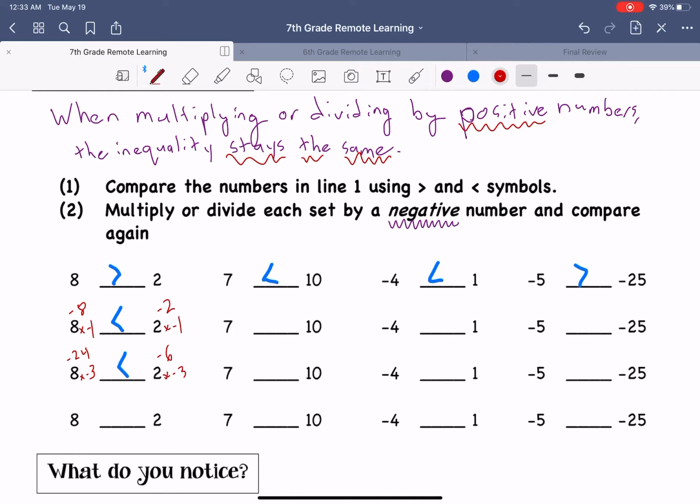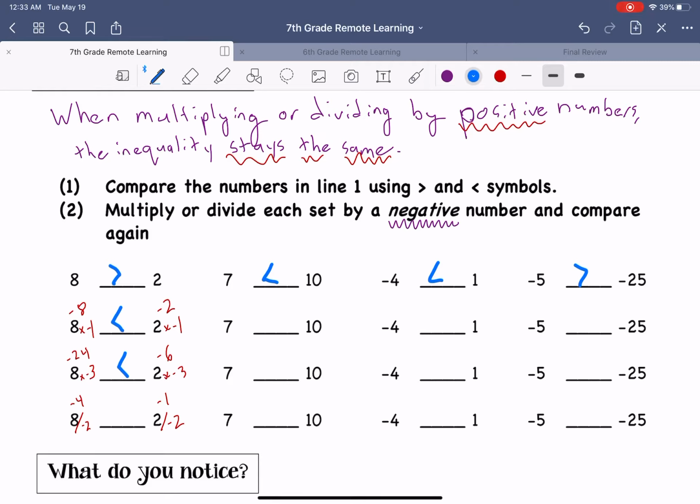Let's try it with division. If I divide both of these, you know what, I'm going to use fractions for division. If I divide both of these by -2, 8 divided by -2 is -4. 2 divided by -2 is -1.